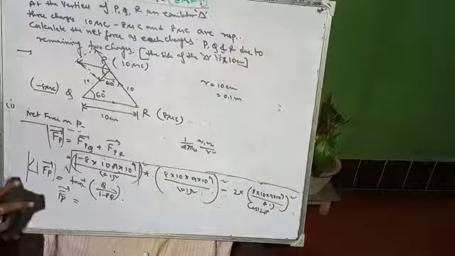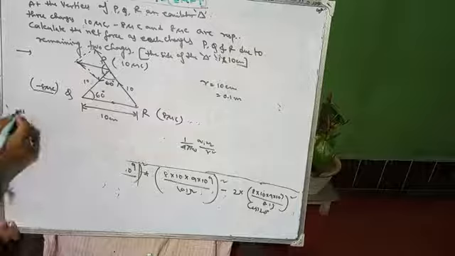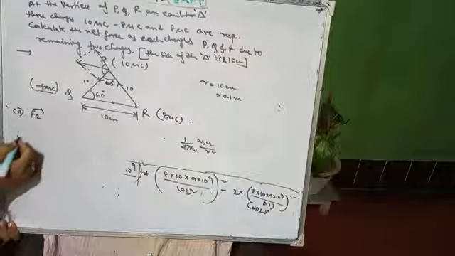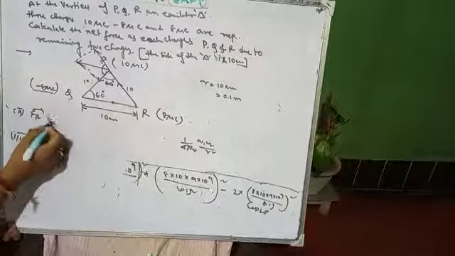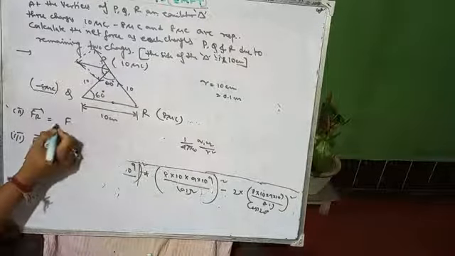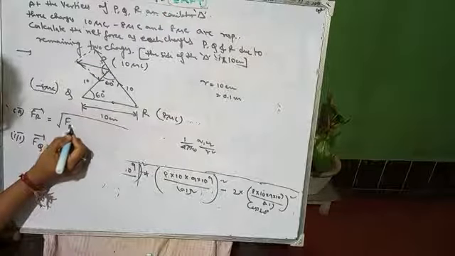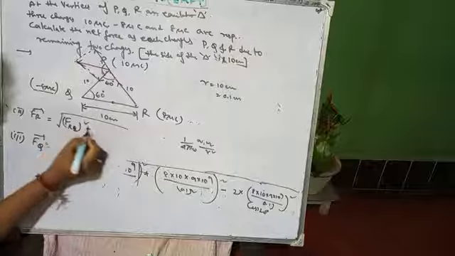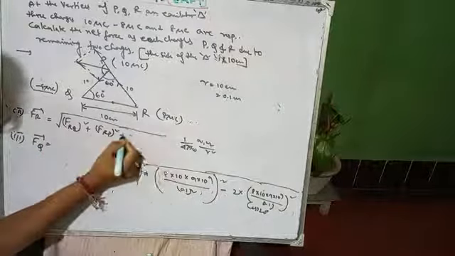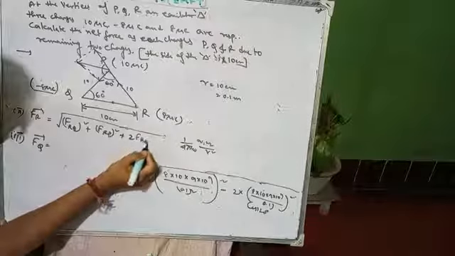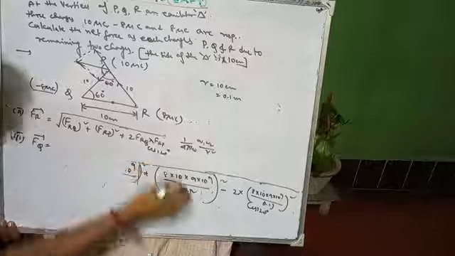So now similarly you can get the net force acting on r, and for the third case, on q, okay? So f of r should be equal to what? Root over of f of r due to q whole square plus f of r due to p whole square plus 2 f of rq into f of rp into cos 120 degree, same formula, okay?